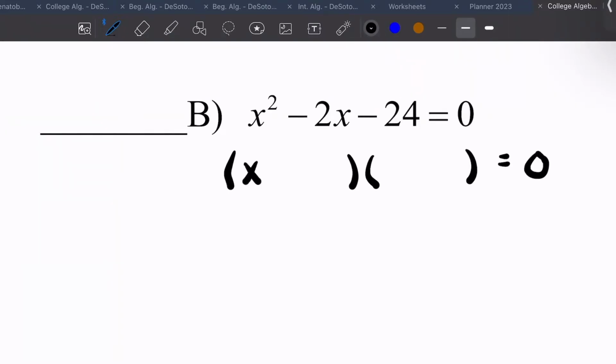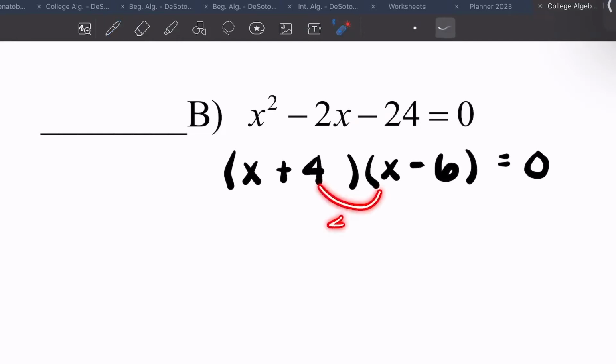So we have x and x. Our signs are different, so we're going to have a plus and a minus. Now we need to think of the factors of 24 that are going to add to give us -2. That's going to be a -6 and a +4.